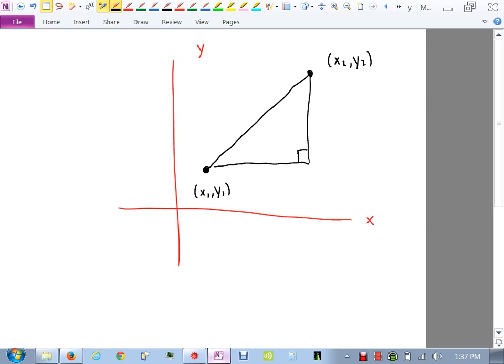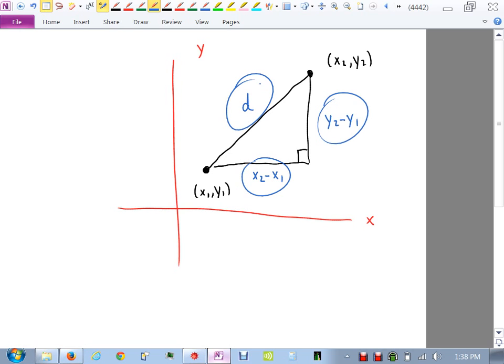And then you know that this side, the side parallel to the x-axis, would be your x2 minus x1. Your side that's parallel to the y-axis would be y2 minus y1. If we call this d the distance, then by the Pythagorean identity, a squared plus b squared is c squared.